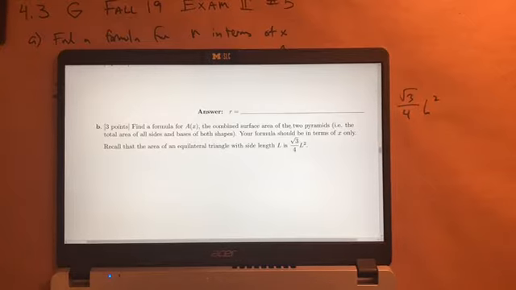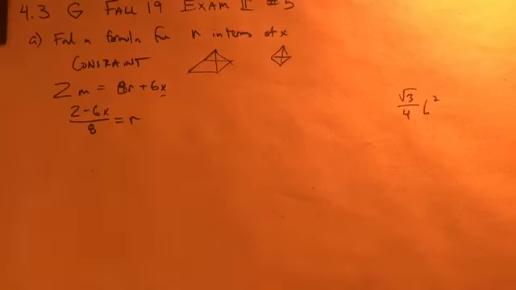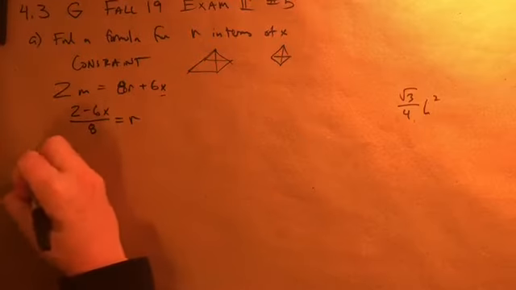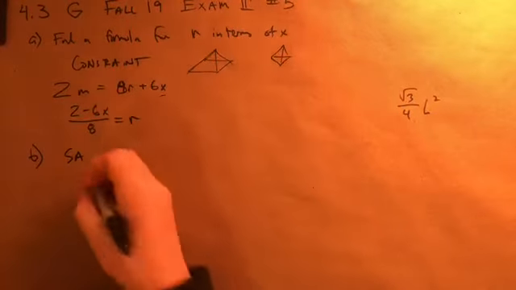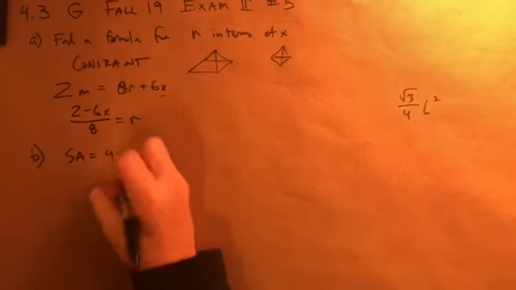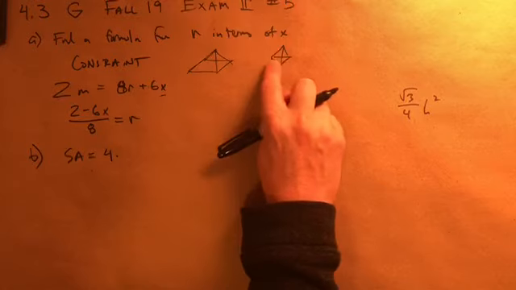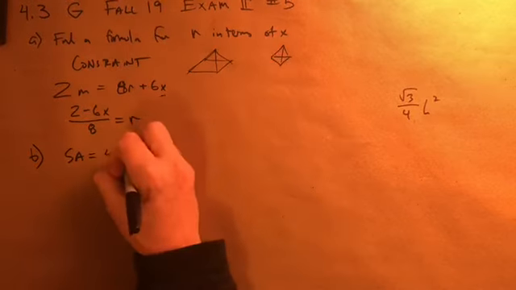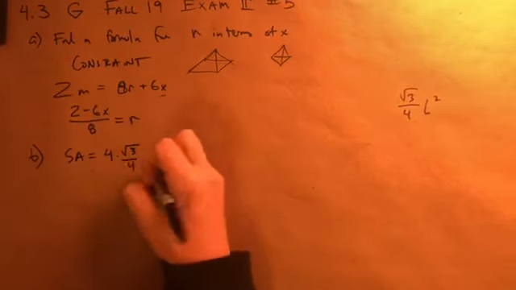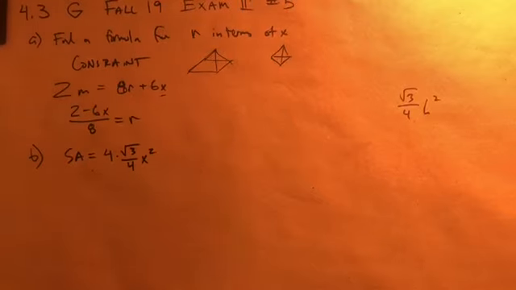That's the area of any equilateral triangle, which is a great thing to know. So if we go back to our problem, the surface area of this first pyramid is going to be 4 sides, and the length was x, so 4 times root 3/4 x squared.